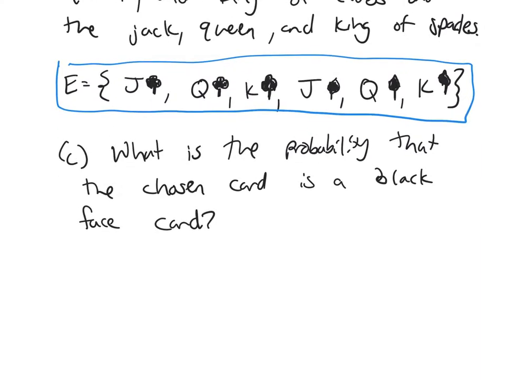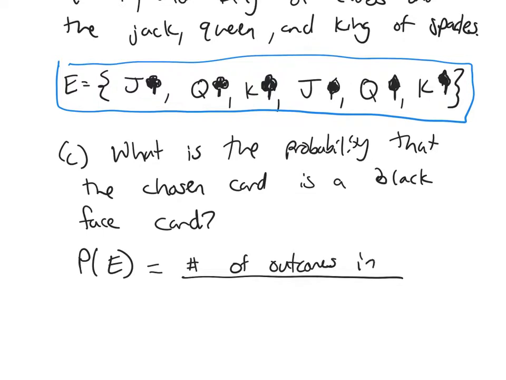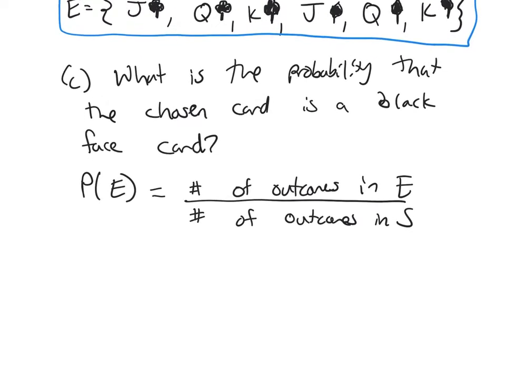So the probability, it's asking us for the probability of the event E. So we're going to use our probability formula. It's the number of outcomes in E over the number of outcomes in S. So another way we write number would be N of E over N of S.